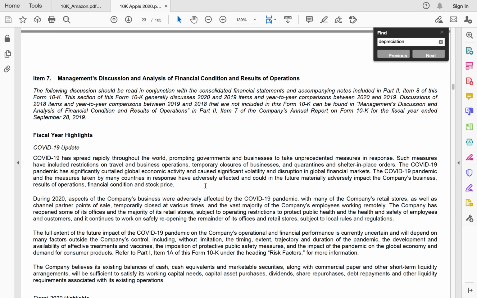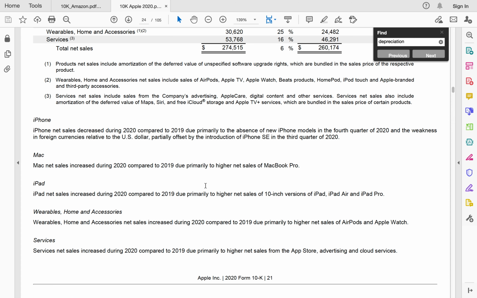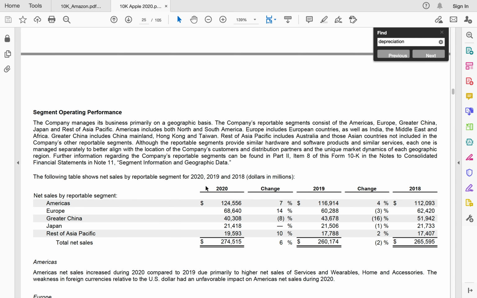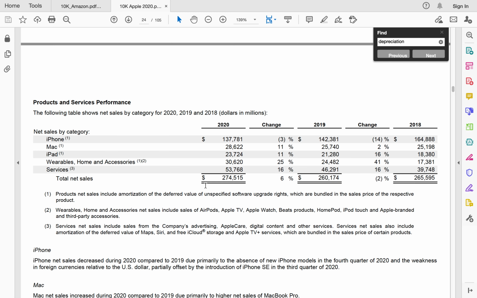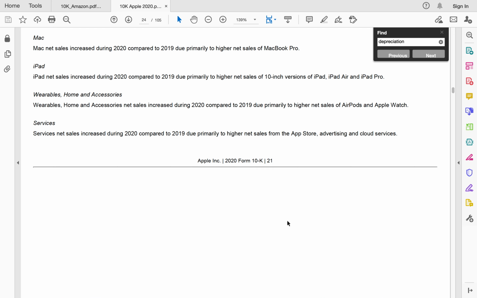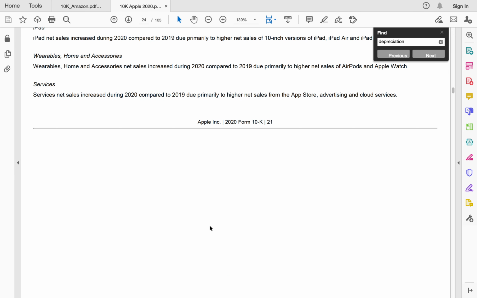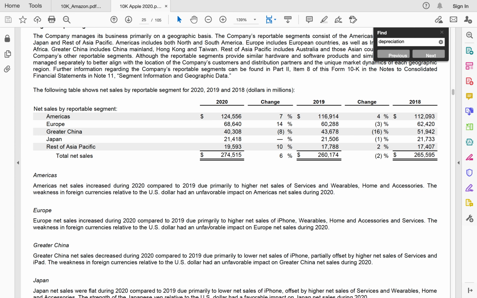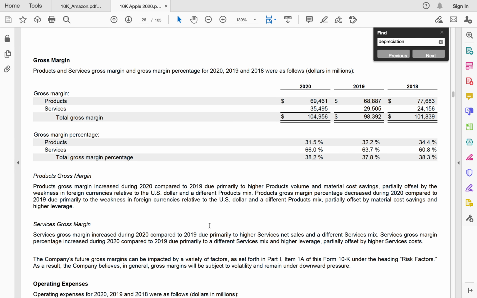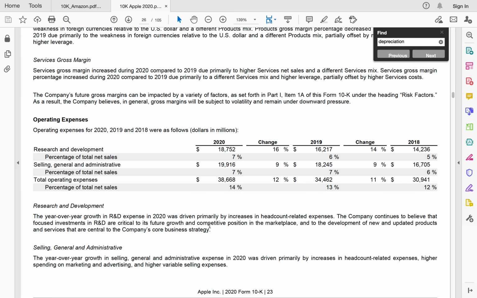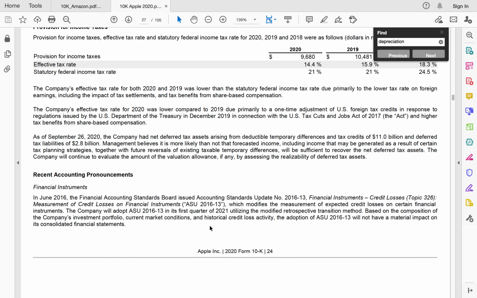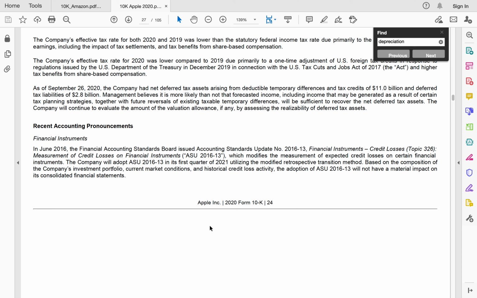In the management discussion and analysis, you already analyzed, right? They summarized, where you can see their performance in terms of the products and services like this, okay? And then you can see their strategies. You may refer to this part in your analysis part on the Word file. Okay, gross margin, operating expenses, all this information you can find in the management discussion and analysis part, particularly on the income statement analysis. Okay.